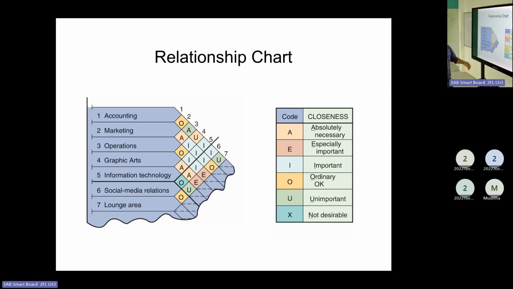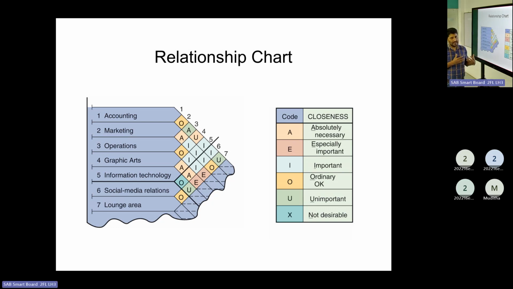When we do so, we should first prioritize A-type relations, absolutely necessary. At the same time, we need to consider any undesirable or X-type relationships. Try to accommodate those two first in the initial layout plan. And then if we are able to consider others, we should give the priority to E, especially important type relationships, and allocate places accordingly.